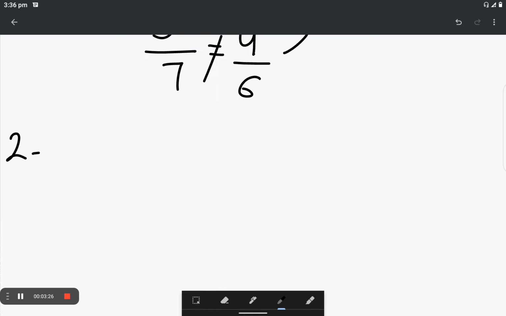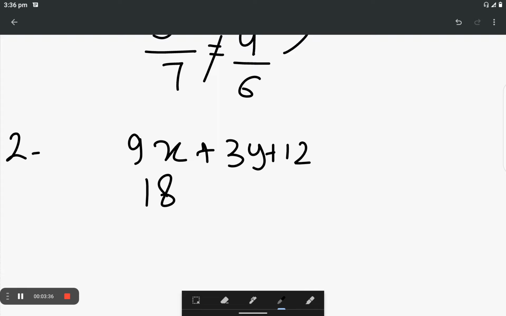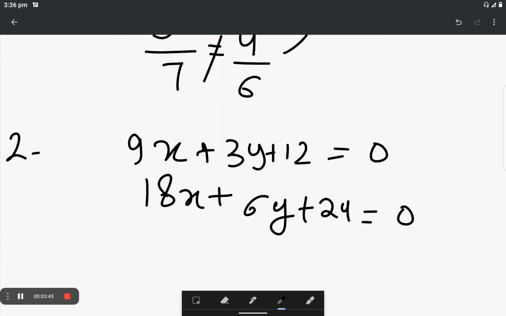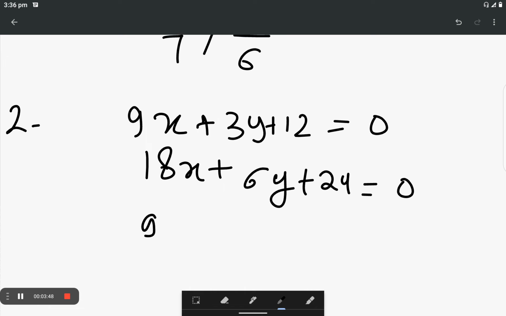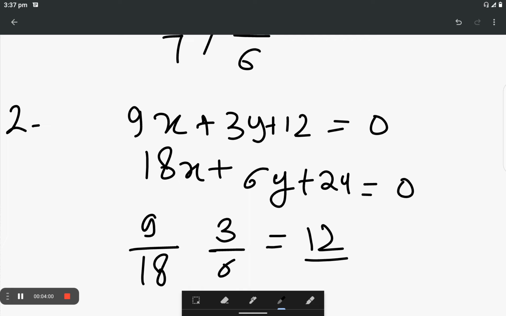Part 2 says 9x plus 3y plus 12, and 18x plus 6y plus 24. So you all see where this is going, right? Let's write A1, that is 9, upon A2, that is 18, B1 that's 3 and B2 that's 6, C1 that's 12 and C2 that's 24.